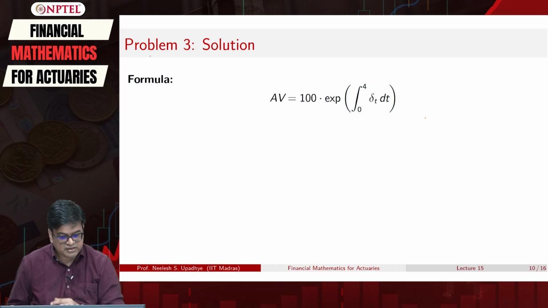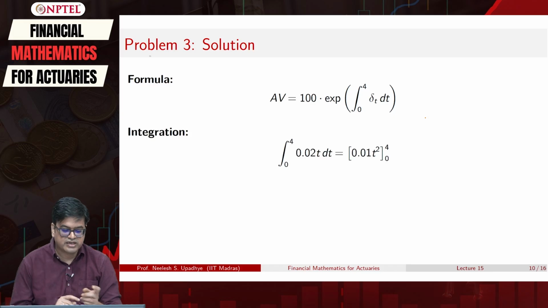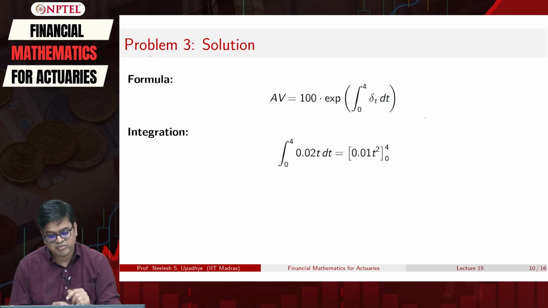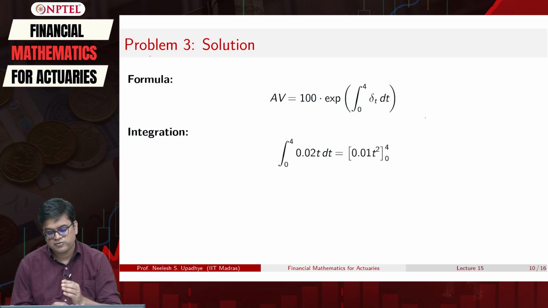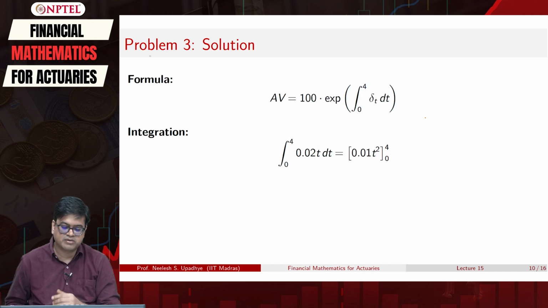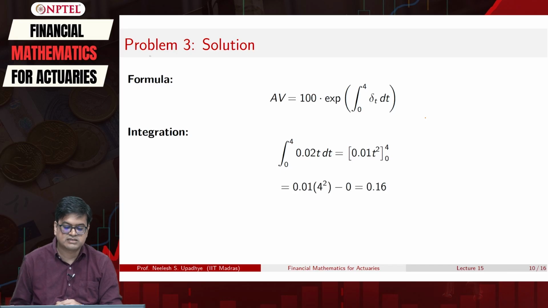Let us take the term within the parenthesis and solve the integral. The integral from 0 to 4 of 0.02 t dt will give me t square by 2. So, 0.02 will become 0.01 t square from 0 to 4. 4 square is 16 multiplied by 1 by 100, 16 by 100, that will be the answer, which is 0.16, correct.